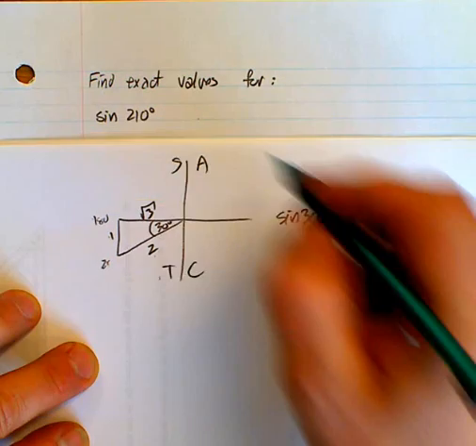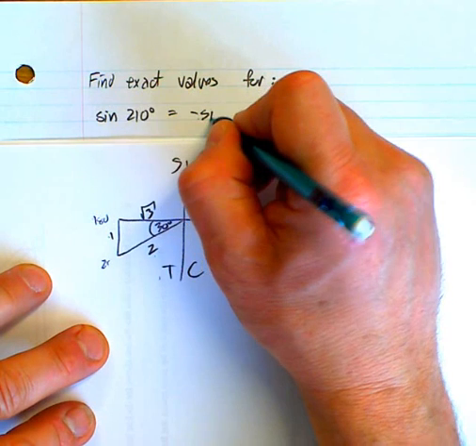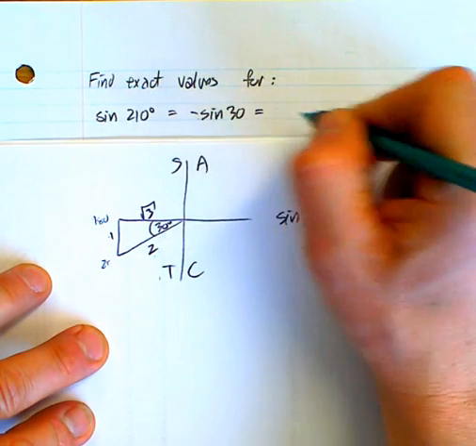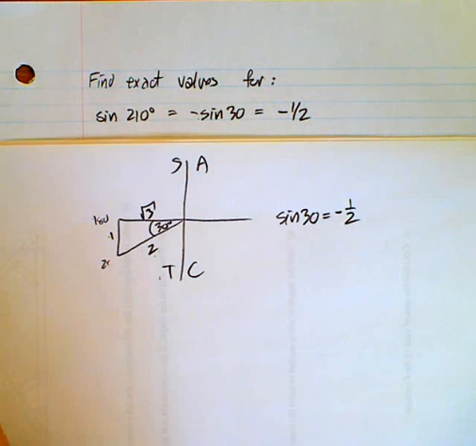So what you can say is that sine 210 is equal to negative sine of 30, which is negative 1/2. I don't know if that makes sense to you or not, but you just got to figure it out.